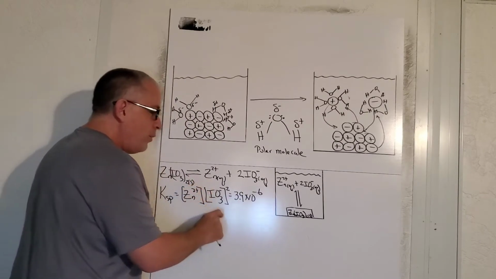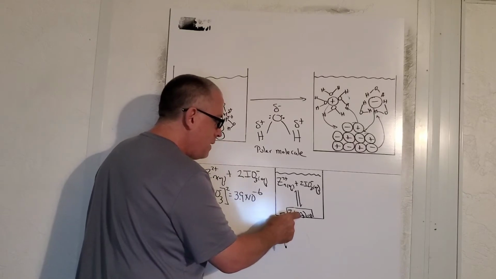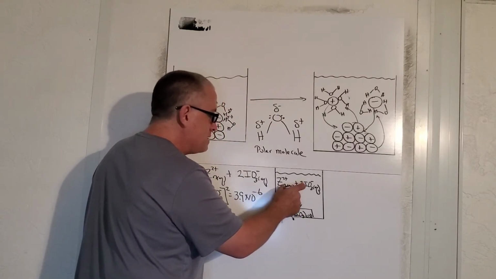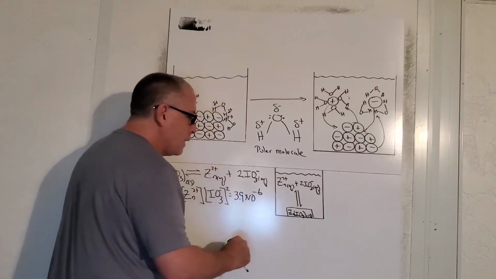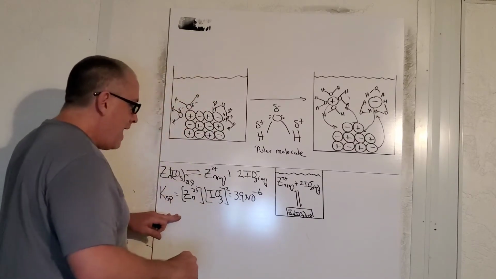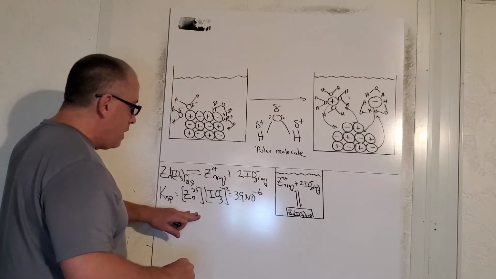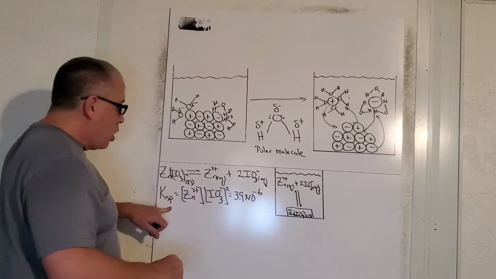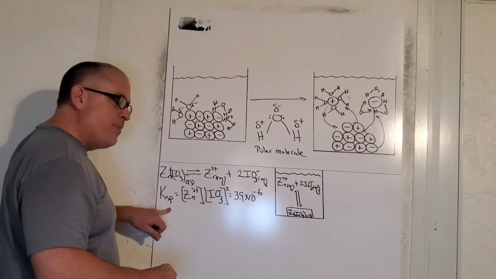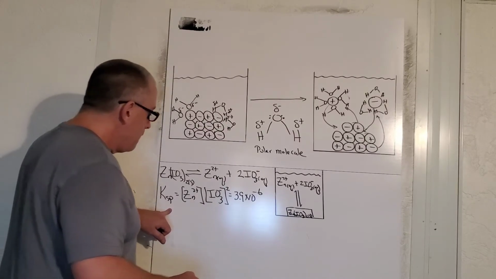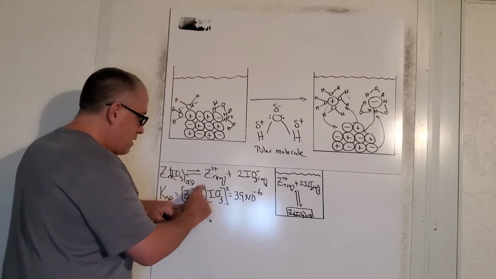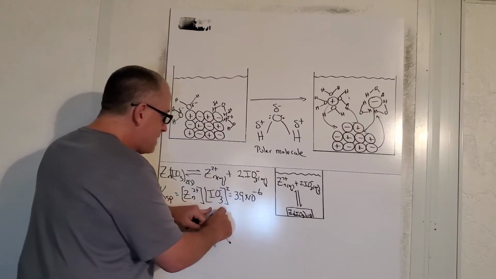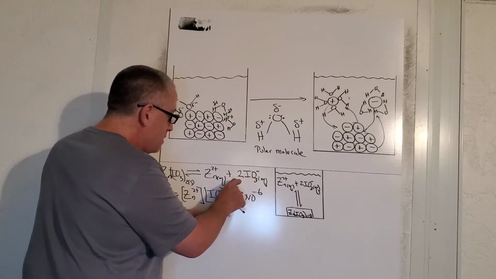And there's an equilibrium set up between the solid and the ions, okay? And we can set up an equilibrium equation for that. It's called KSP for solubility product. And that's going to be the zinc concentration times the iodate concentration squared.